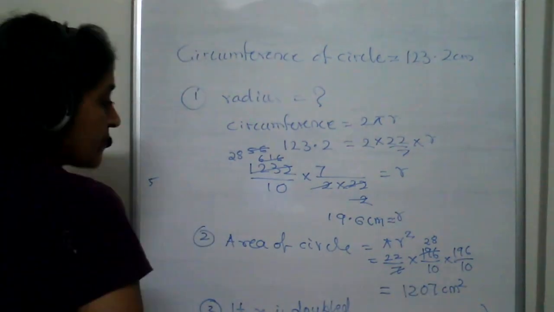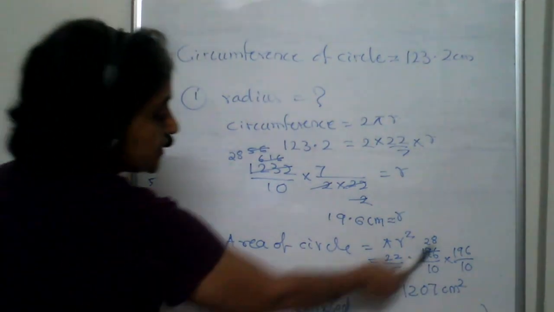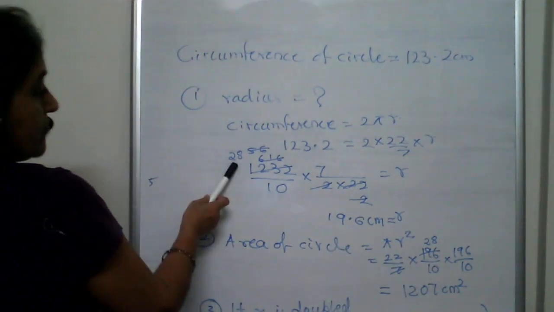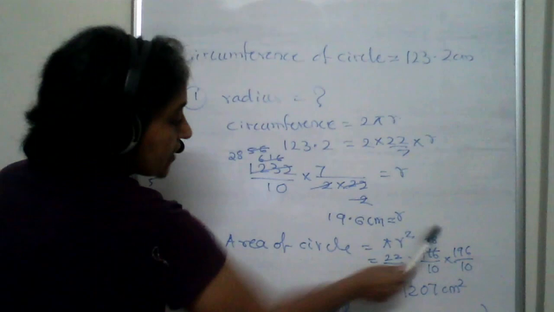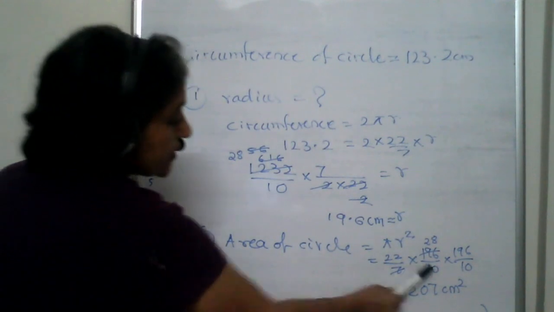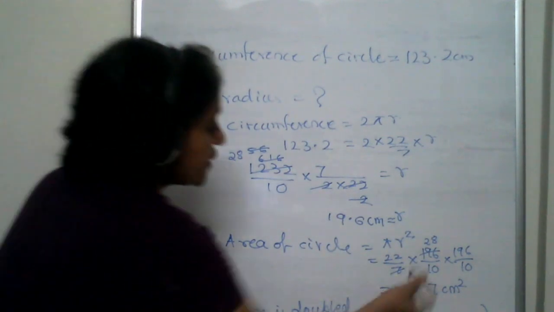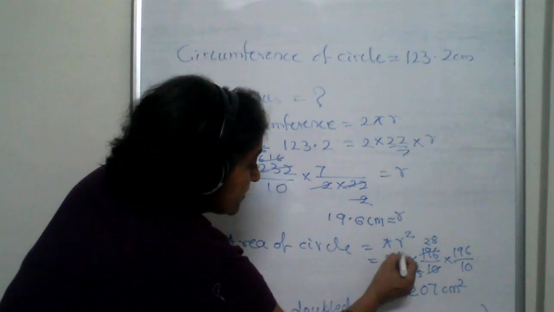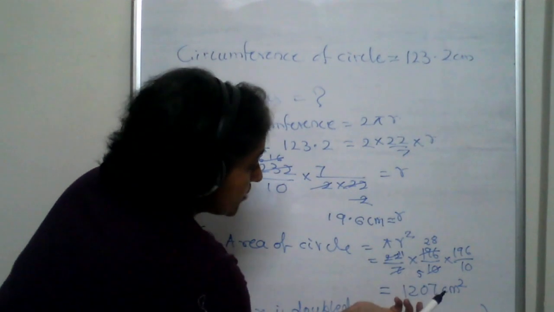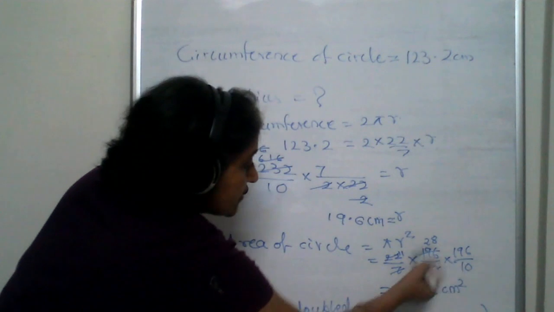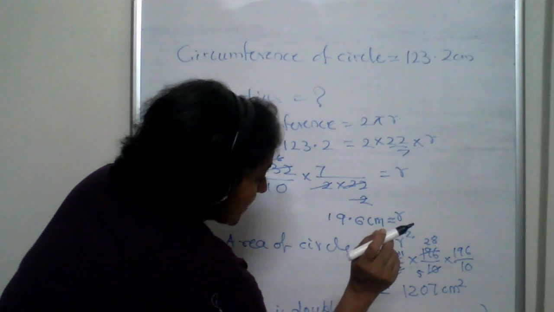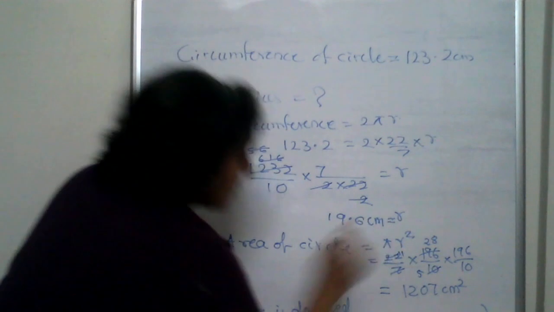When you multiply all of this, 7 ones are 7, and 7 twenty-eights are 28, so 196 cancels here. And here, more calculations can be done by cancellation, that is 2 fives are 10, 2 elevens are 22, and I don't think any further cancellation is available. You will have to multiply and get the answer of this as 1207.